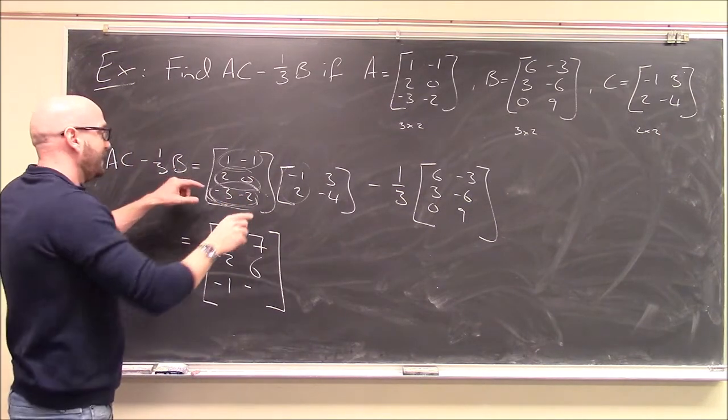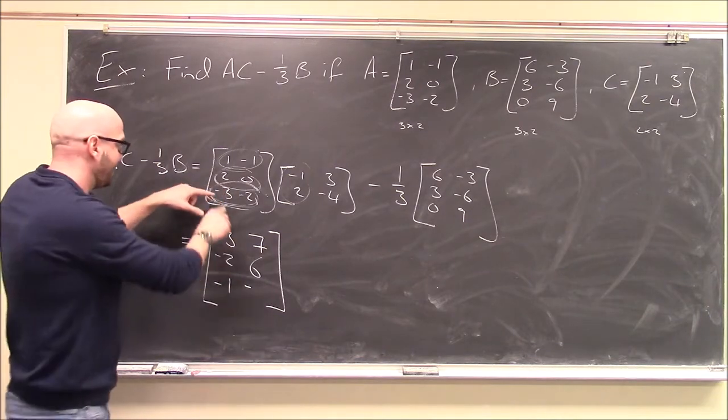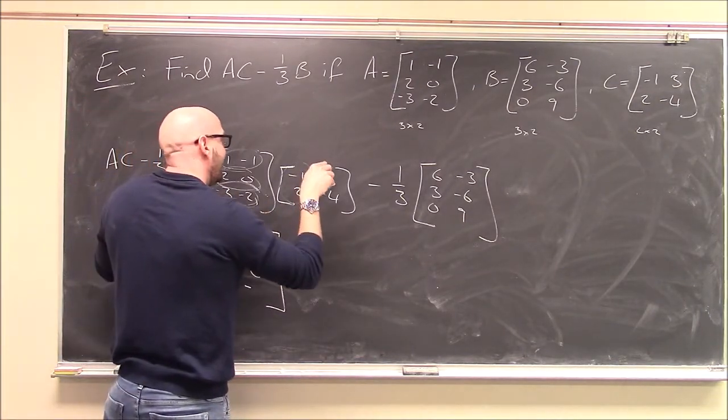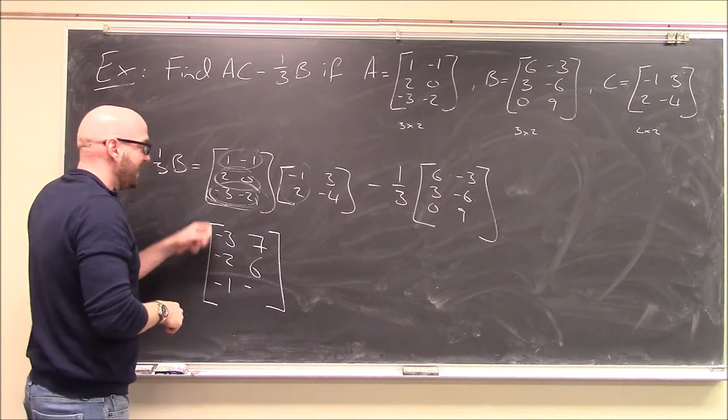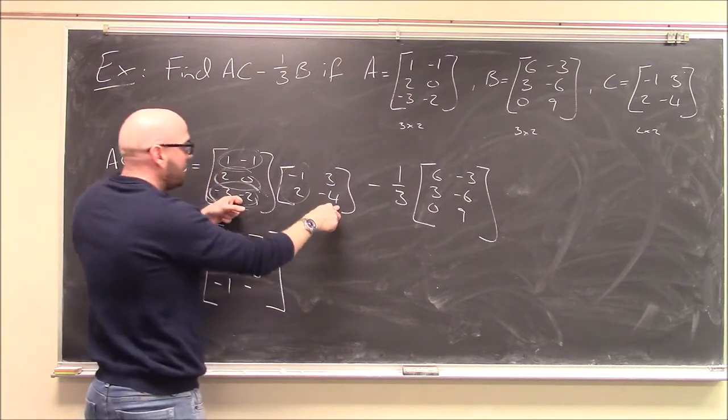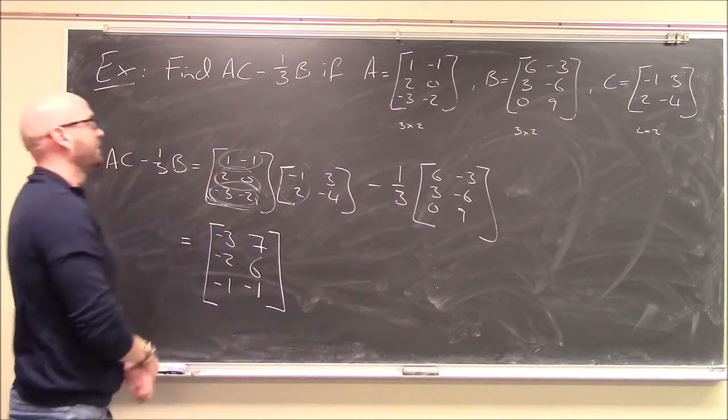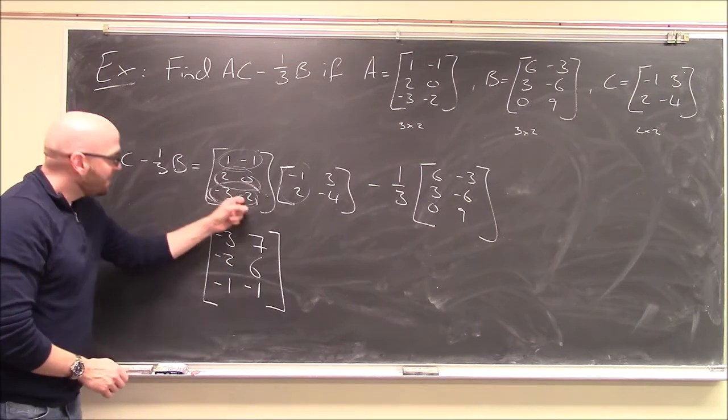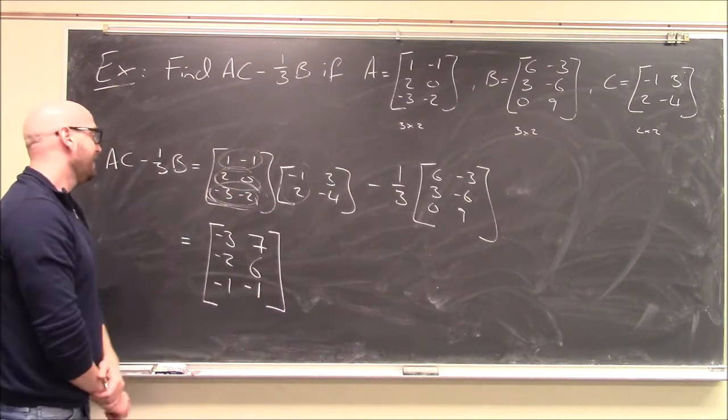There's a lot of negatives here. You lose IQ points while standing at the board. Sorry. Minus 3 times 3 is minus 9, plus positive 8 is minus 1.